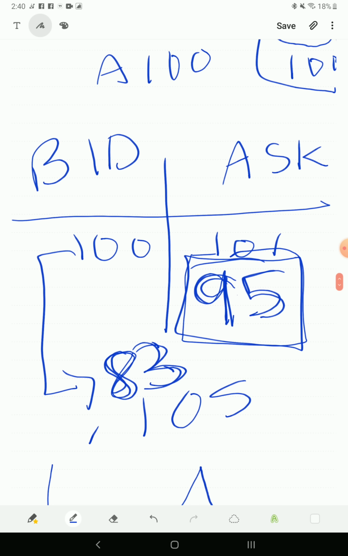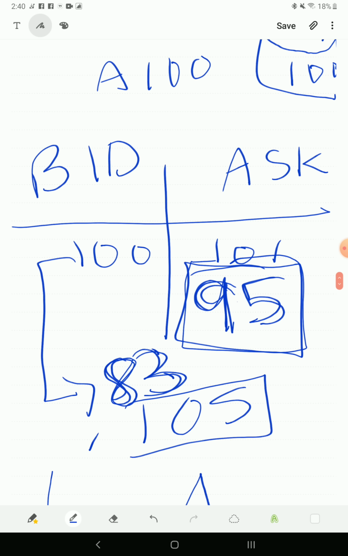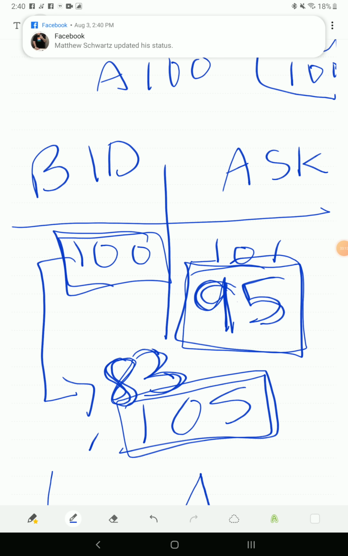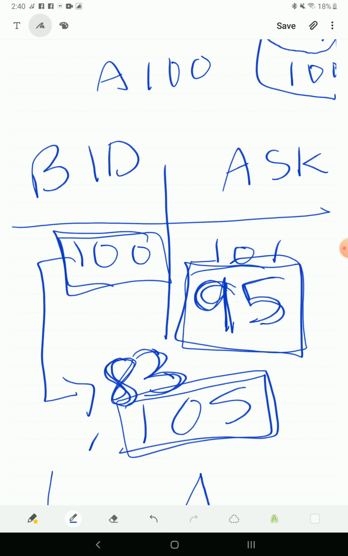So let's just say that you were in a long from 105, okay? 105 is your long, and if it falls below 100, that price right there, you'll automatically market execute it, and you'll just basically sell it at whatever price it's at.